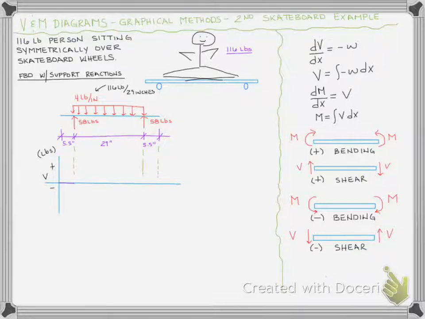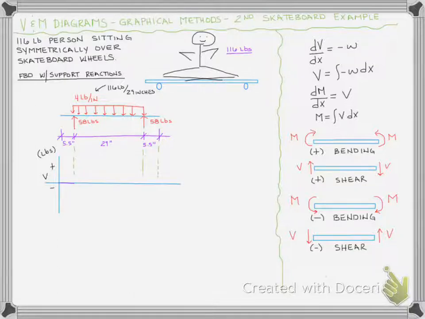Now we have 58 pounds occurring at the first wheel, but I also have 4 pounds per inch coming down. So should I jump up by 58 pounds? Do we jump by 58, or do we only jump by 54? That's a common question students ask, and the way to think about this is that 4 pounds is occurring per inch.